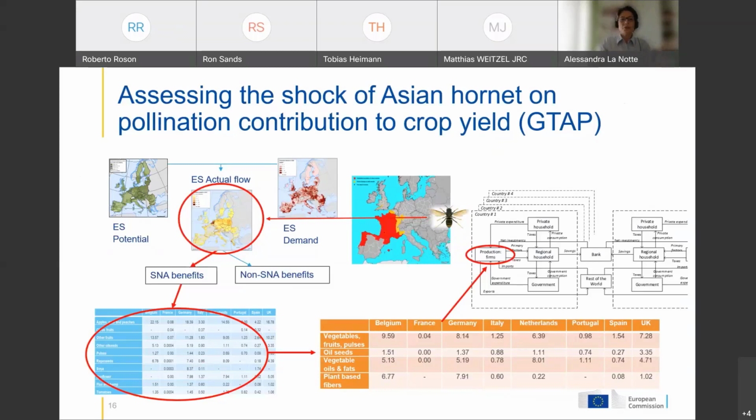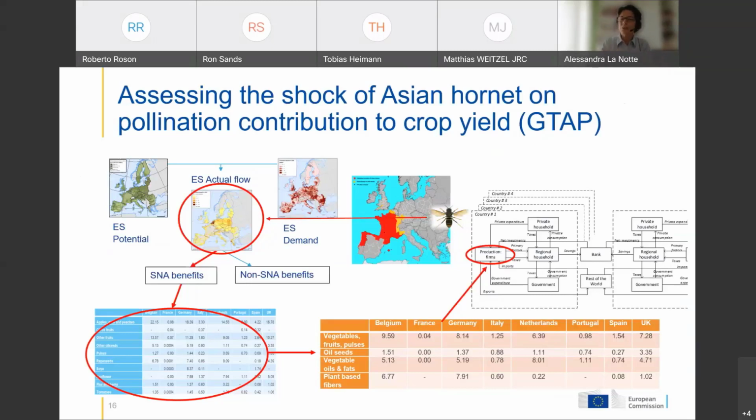But before showing you the results, I really need to make clear that the purpose in this case is not to look at the specific numbers, because we are aware this is just an initial attempt. We are aware that a better application of GTAP needs to be undertaken.